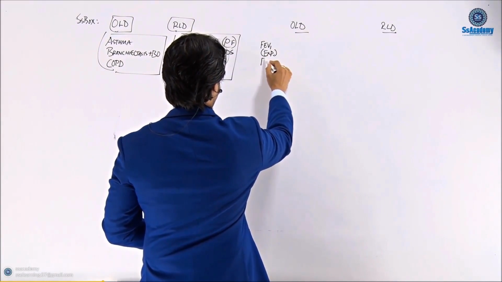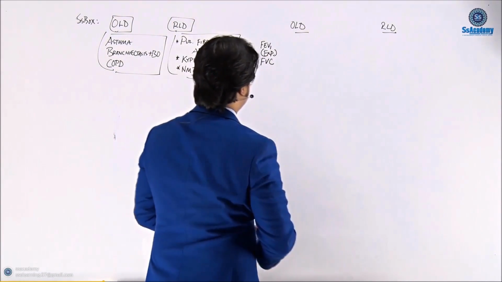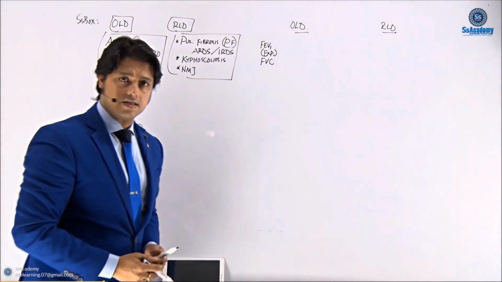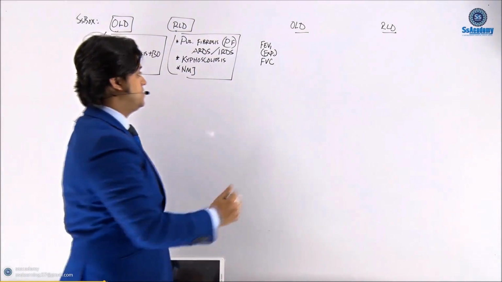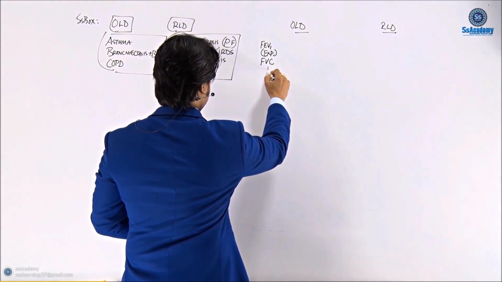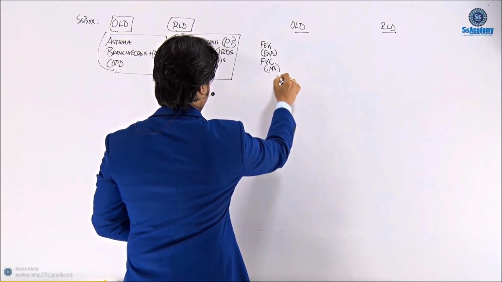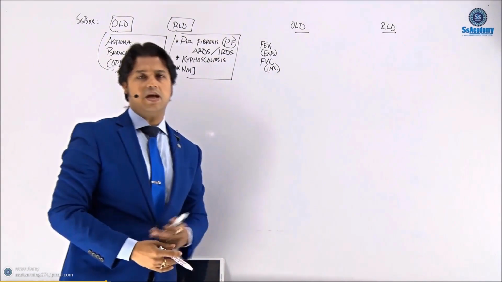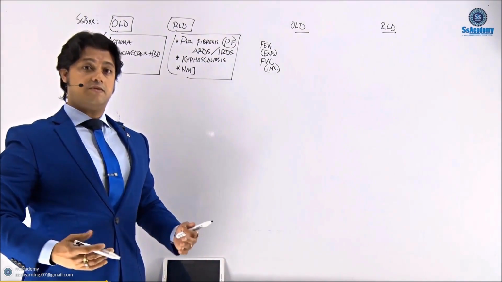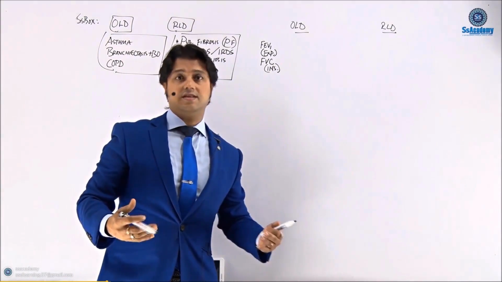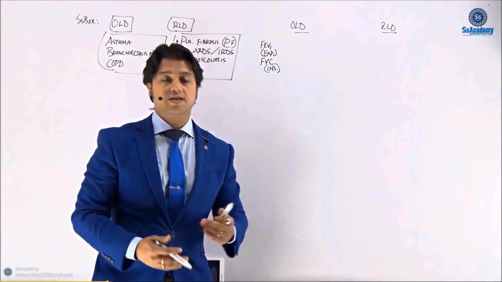Another parameter that we do is FVC, the forced vital capacity. Forced vital capacity we look at the inspiratory findings, the inspiratory functions of the lungs. Vital means the inspiration, so that you can remember.